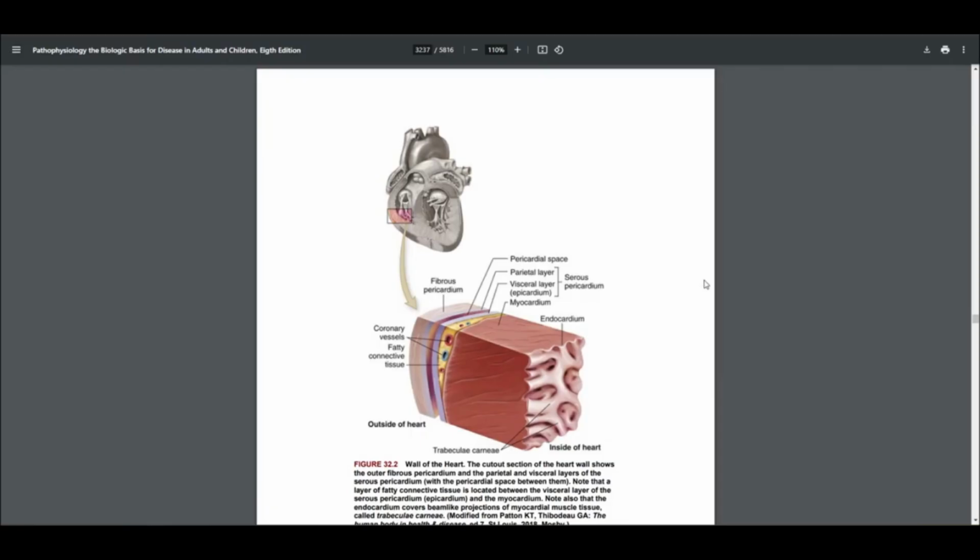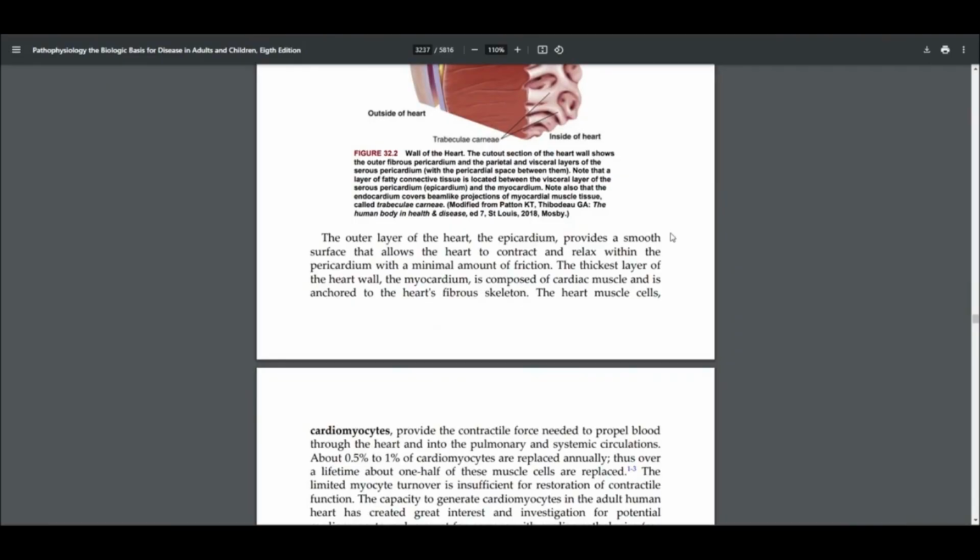We also have a pericardial space, and then on more of the inside of the heart the serous pericardium, which has the parietal layer, the visceral layer, and the myocardium, all attaching eventually to the endocardium. And then on the very inside of the heart, it looks like they have a trabecula carneae. Say that 3 times fast.